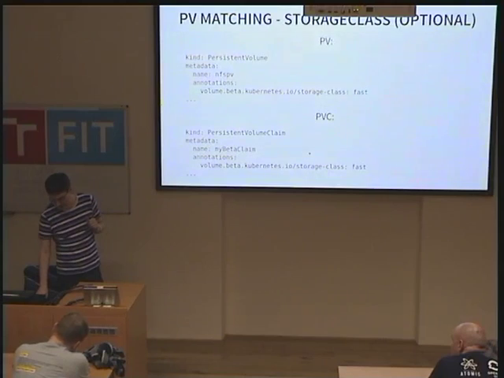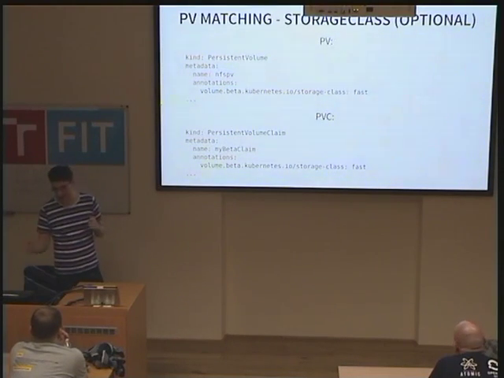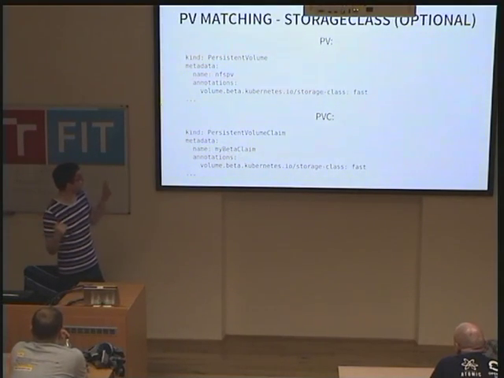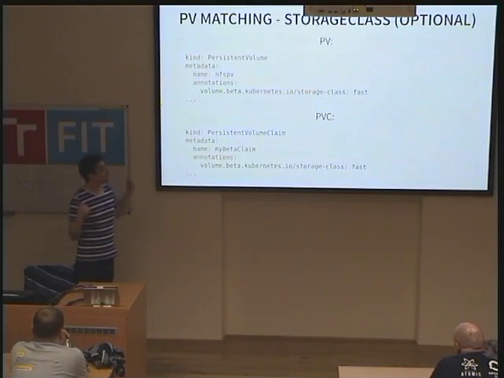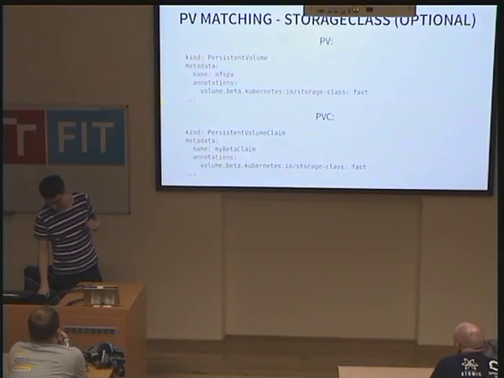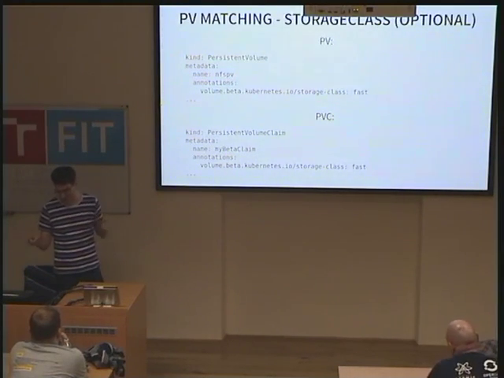So this way, the administrator says that the persistent volume belongs to storage class fast. The names are completely arbitrary. The administrator can define as many classes as he wants. And to put a volume into a storage class, he just puts this magic annotation into the claim, into the PV, sorry.